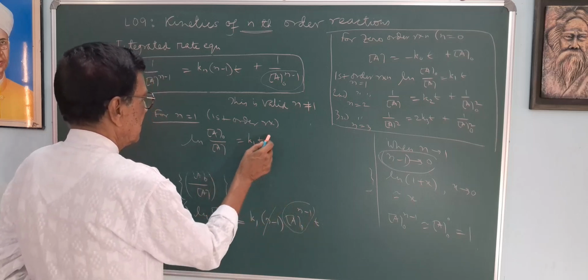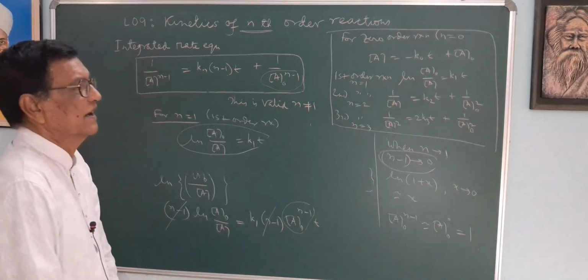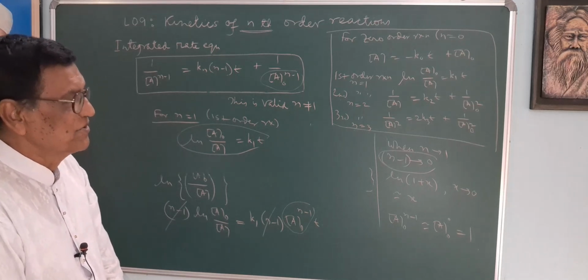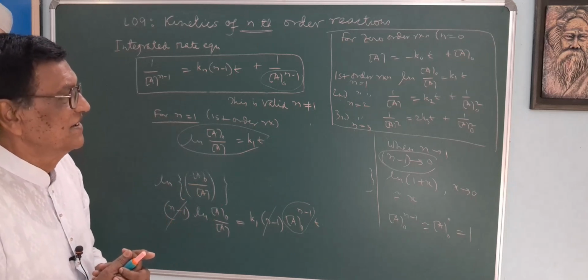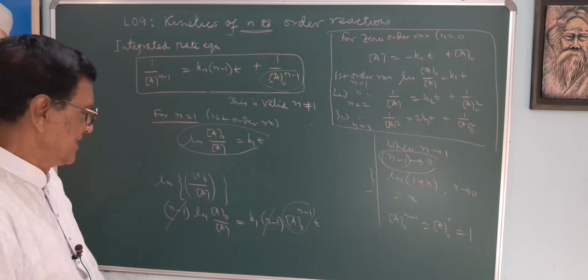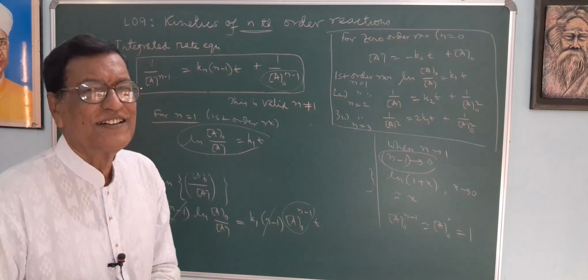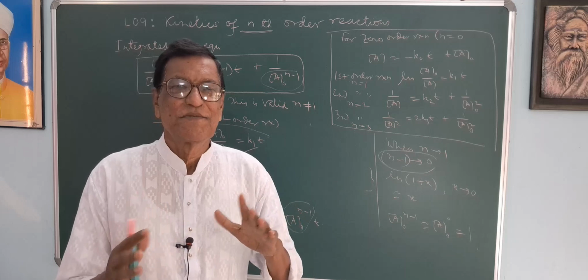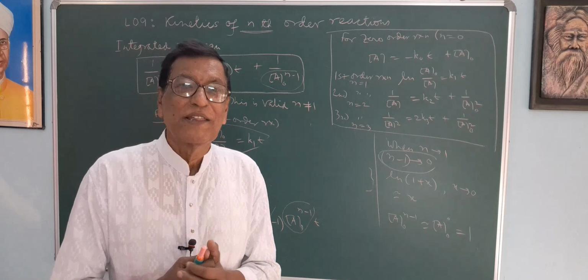So t. You see, this is the integrated form of the rate equation for first order kinetics. So we can solve for the first order reactions from the generalized one by some sort of mathematical tricks.